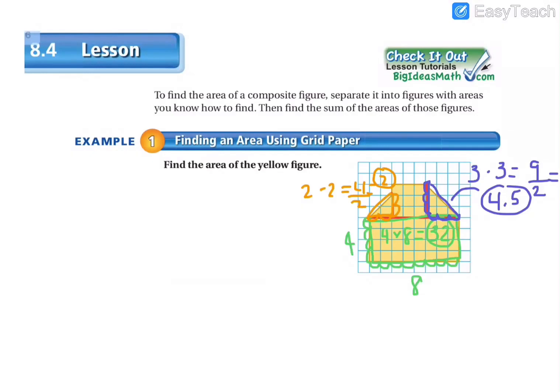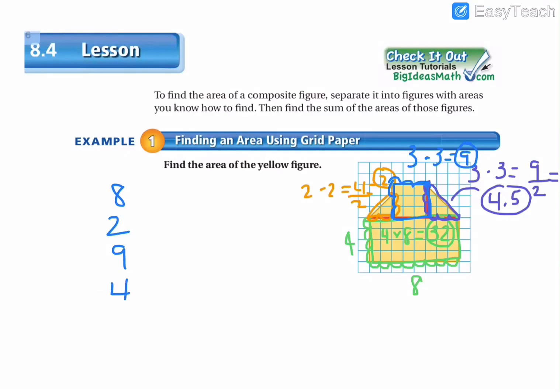And then the last one on top, it's getting kind of muddy here, but you can see that it's a 3 by 3. 1, 2, 3. So that's going to be 3 times 3, which is 9. And then you're just going to add up all of your pieces. So we had 8, 2, 9, and 4.5. Oops, I lined that up wrong. Let me try that again.